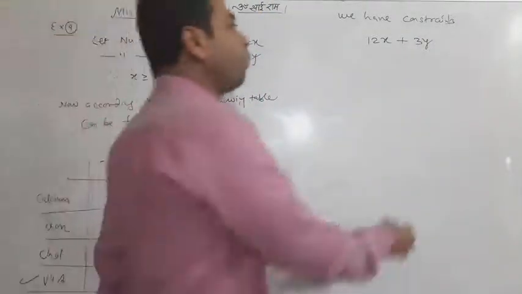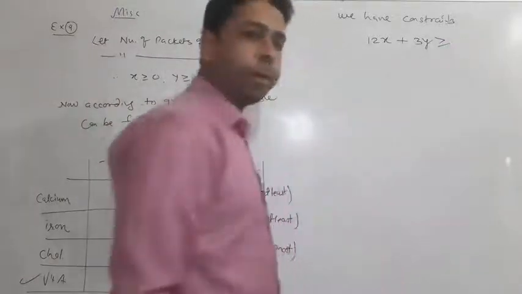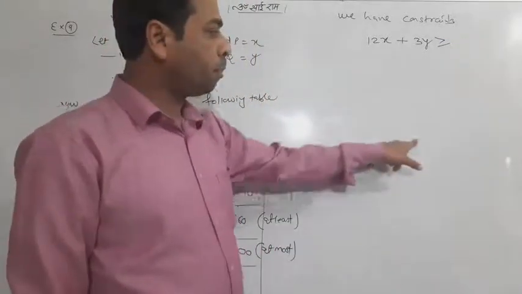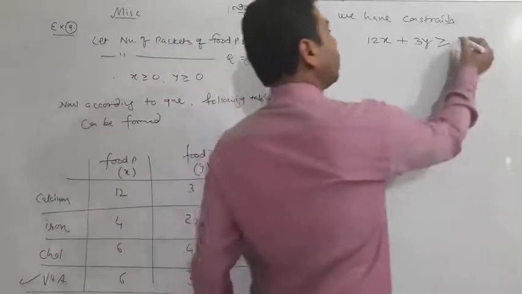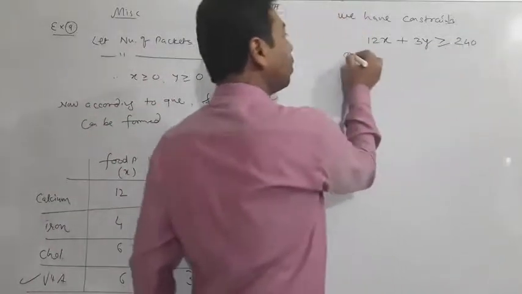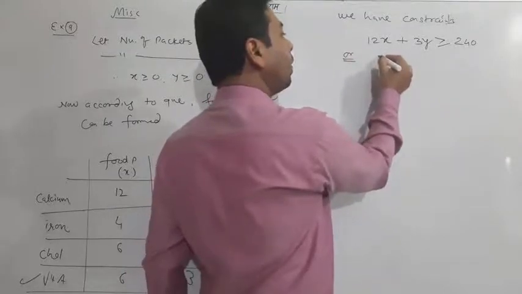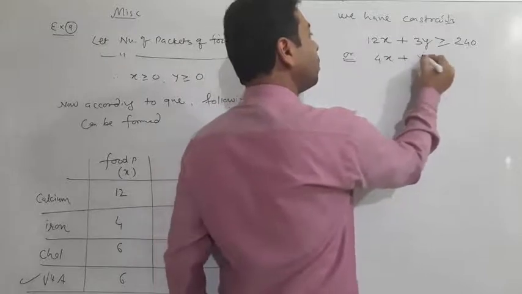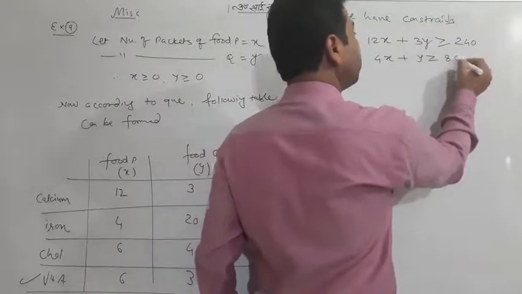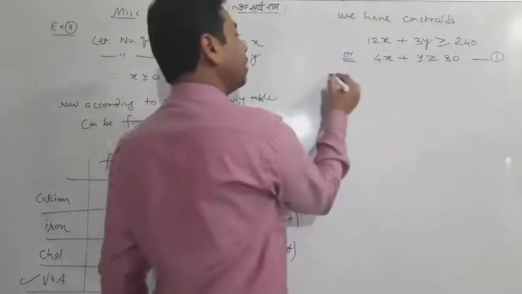One should know about at least what is given. So at least will follow this symbol. Keep in mind, at most will follow this symbol, at least will follow this symbol. That is very simple, and it is 240. I just want to divide by 3, divide by 3 and divide by 3. So this is going to be your first inequality.